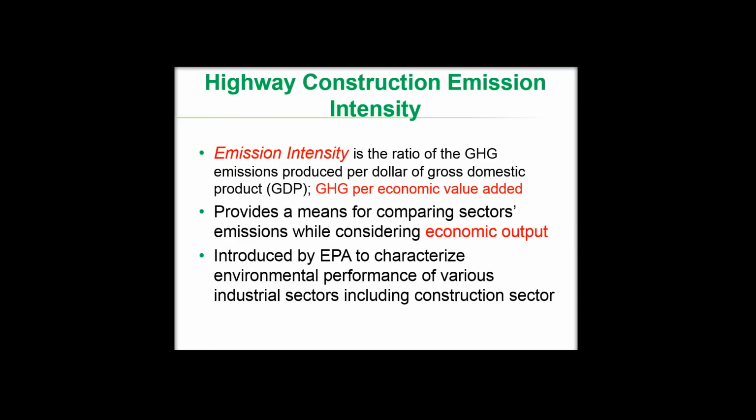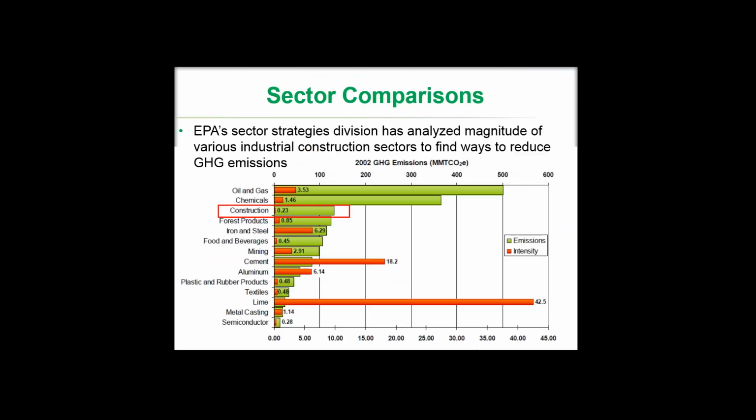In this case, we are comparing the emission from different sectors while at the same time considering the economic output for these sectors. So the EPA used this to characterize the environmental performance for various industrial sectors, including the construction one.